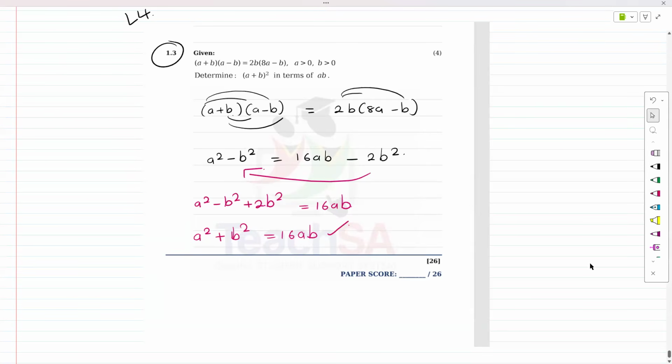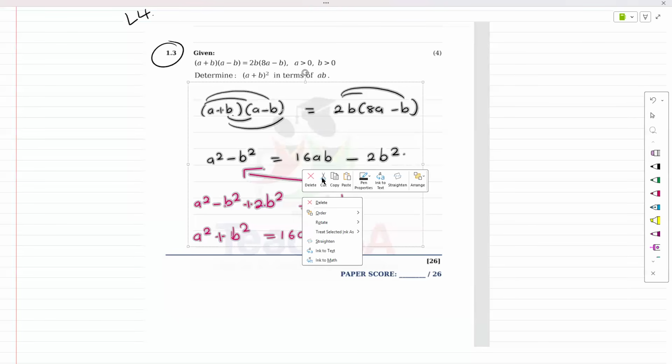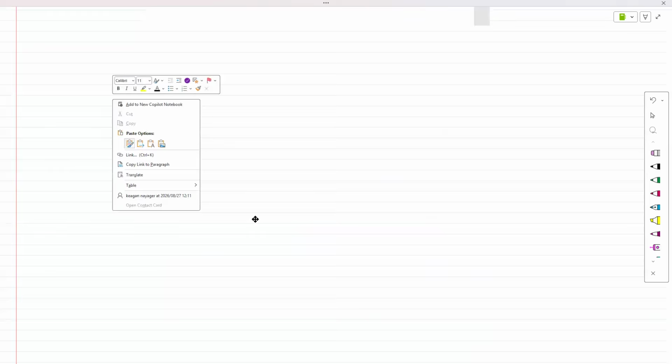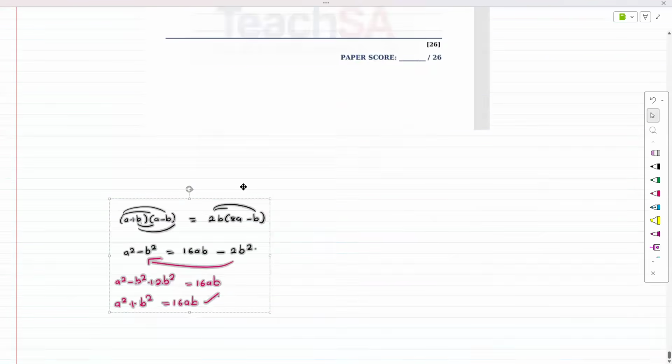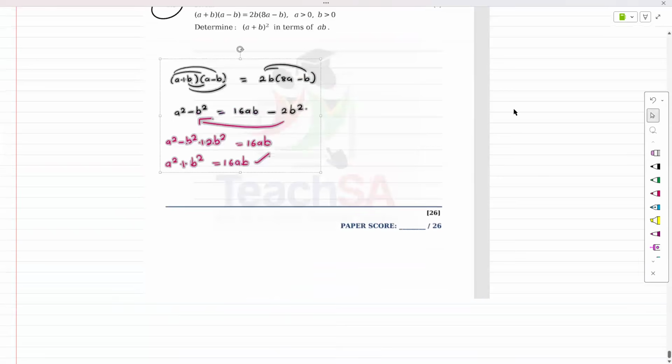So let's deal with the next part, which is generally simple as well. We would focus on the next part.